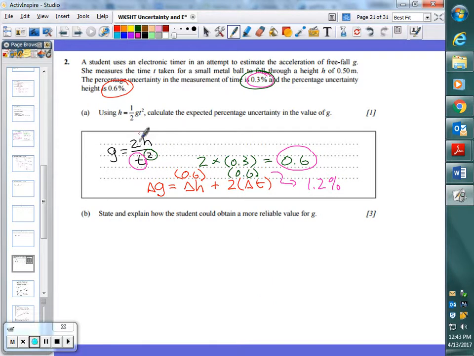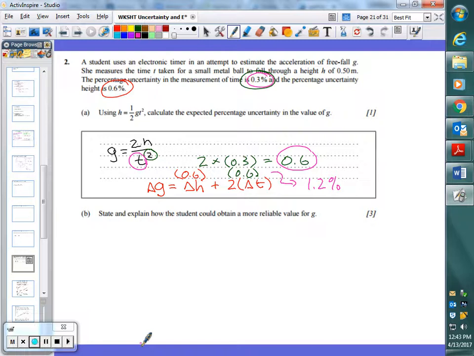Whenever we divide two things, we just add the uncertainties of those individual measurements to get the total uncertainty. So the total uncertainty in g is the uncertainty in h plus the uncertainty in t, but because we raised it, we have to take that uncertainty of t and multiply it by 2. Does that make sense? And that's where the 1.2 comes from.